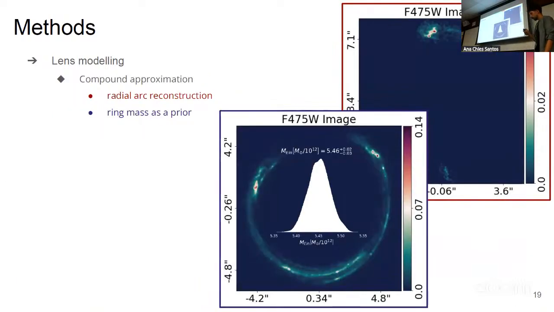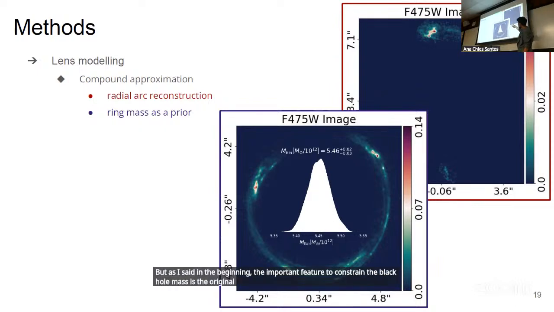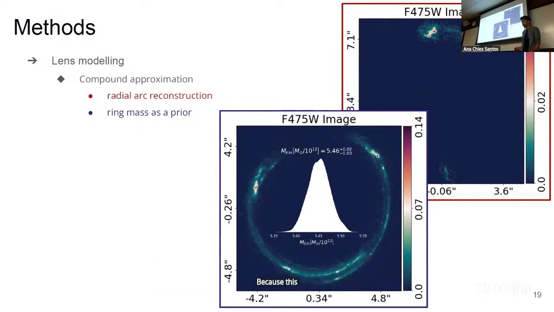But as I said in the beginning, the important feature to constrain the black hole mass is the radial arc, just right here, because this is the feature that will be sensible to the black hole mass. And the system is a compound lens system, which is pretty hard to model.